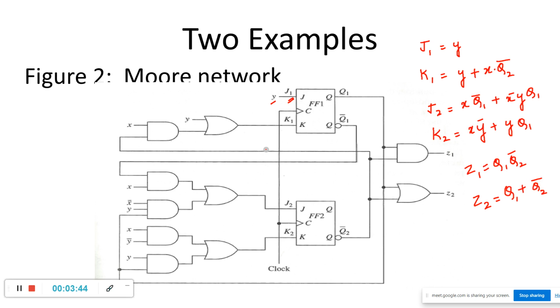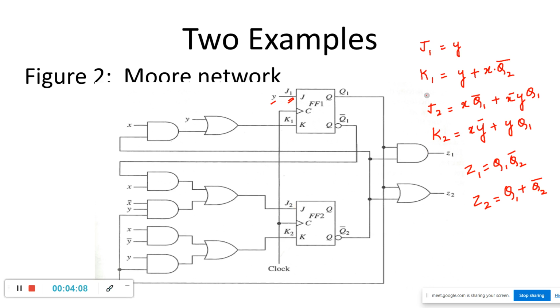So given a logic network like this, construct an excitation table, transition table, state table and state diagram for this. This is a particular 10 to 12 marks question. Here first you have to write J1, K1, J2, K2 and then Z1, Z2.